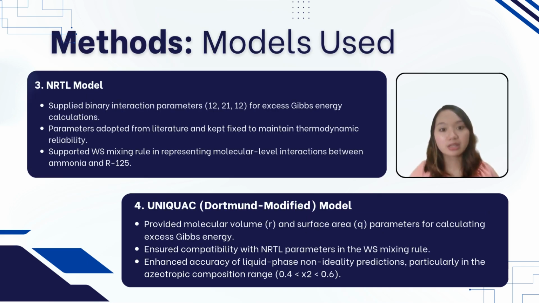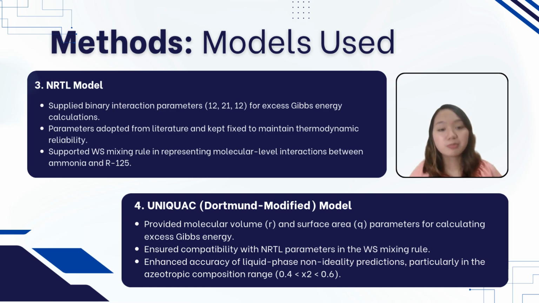In addition, the NRTL model supplied reliable binary interaction parameters which are essential for representing molecular level interactions in the liquid phase. Its strength lies in its thermodynamic consistency, though the parameters are fixed and cannot adapt dynamically to conditions outside the calibrated range.